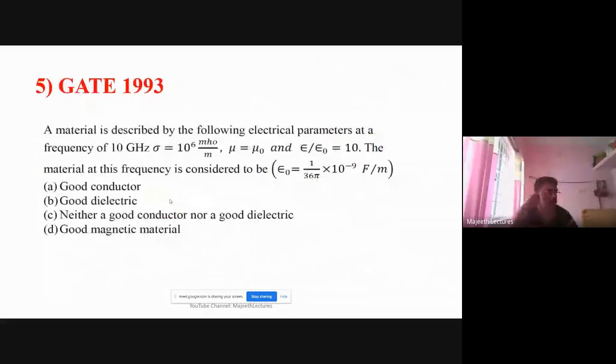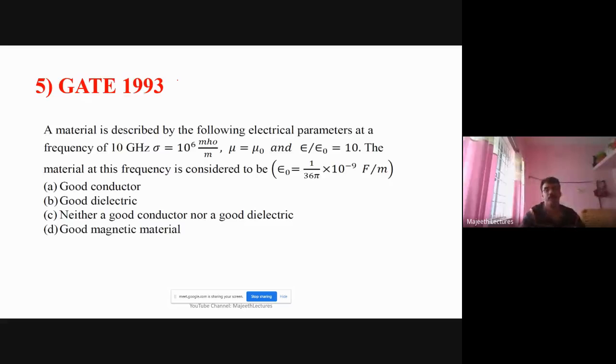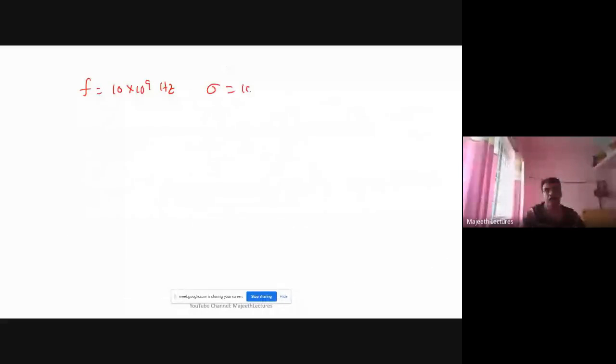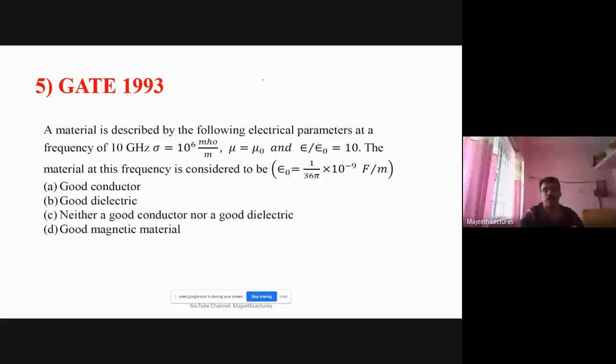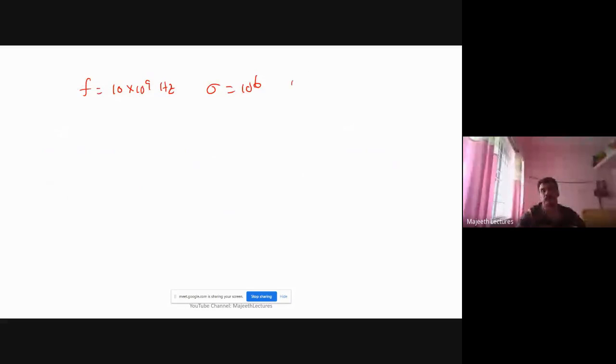Okay, this is another question they ask. The material with the following electrical parameters: f is equal to 10 gigahertz, sigma is equal to 10 power 6, mu is equal to mu naught, epsilon by epsilon naught is equal to 10.